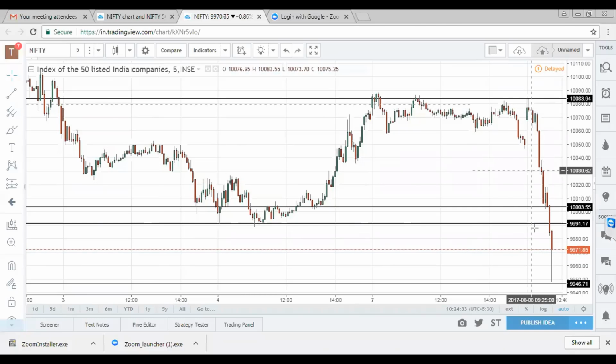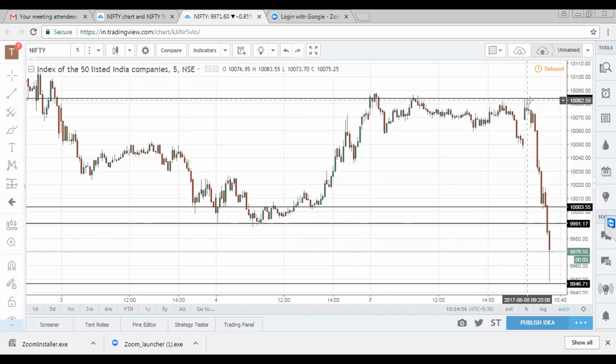This is a red Marubozu, and the high of that Marubozu is 10,080, right? So from the Marubozu point of view also, it is very clear. It has to go above 10,080 in order to go higher. Nifty has to climb this wall in order to make a new high.